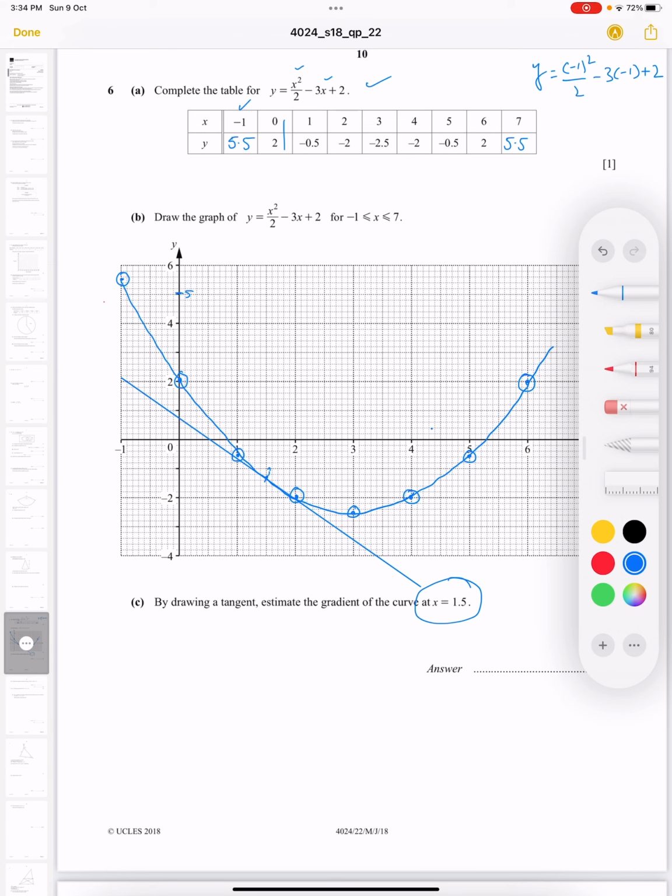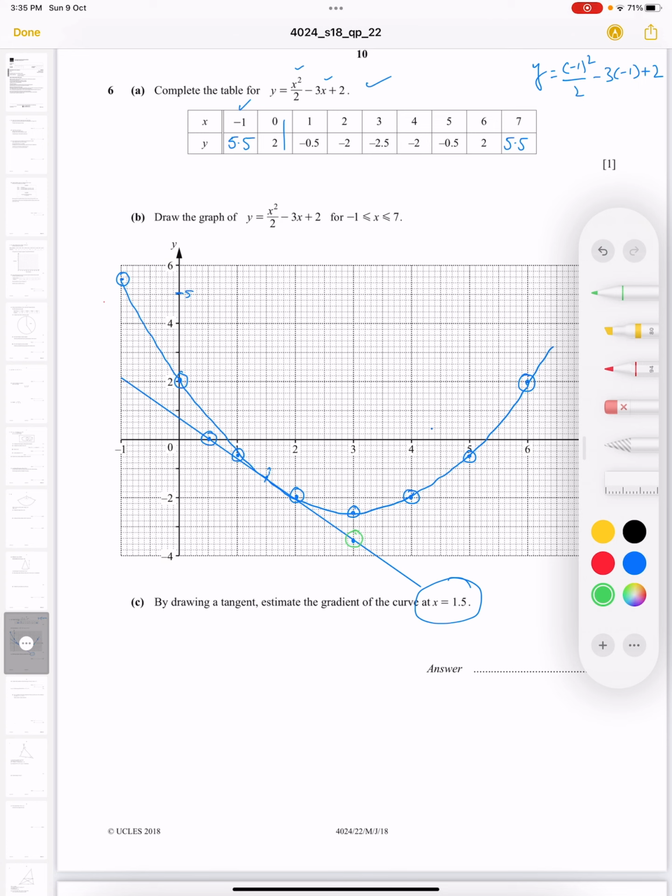So I will take points in order to find out gradient. One is this point, can be taken. The other point I will take on this curve is about this one. Okay. Let's change the color of these points.